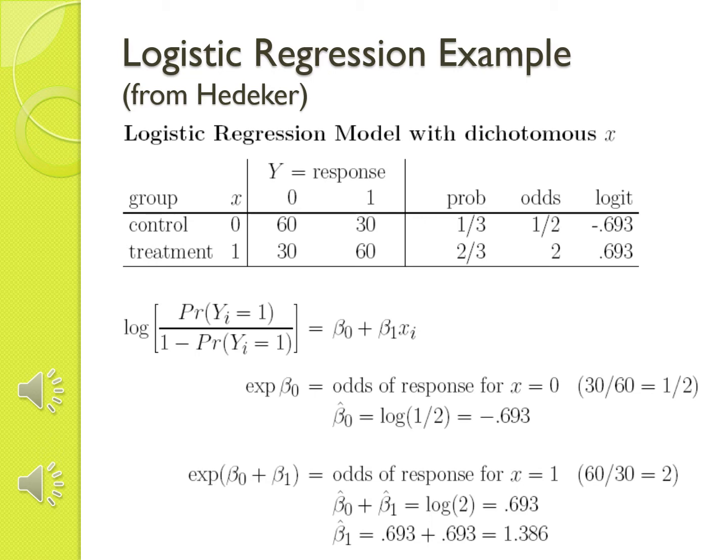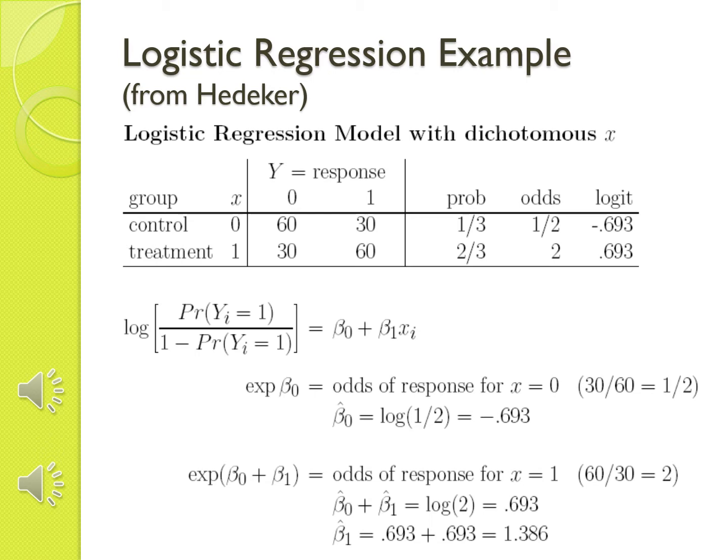So the probability of a positive response at the end is twice as high in the treatment group as in the control group. Now, what are my odds of being in the response group? So the odds in the control group are 1 to 2.